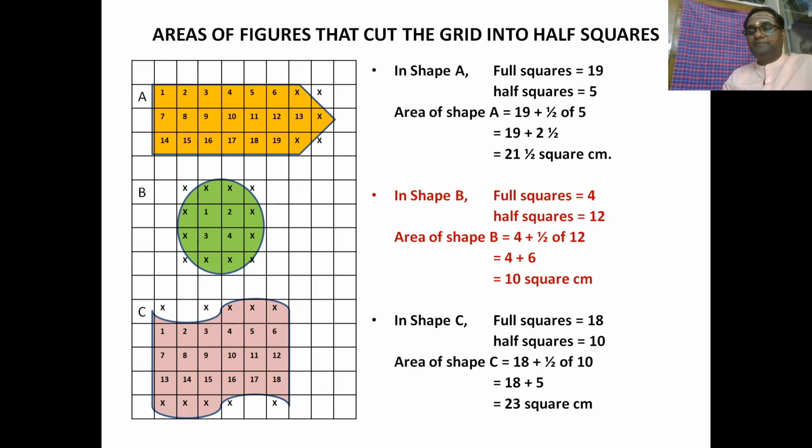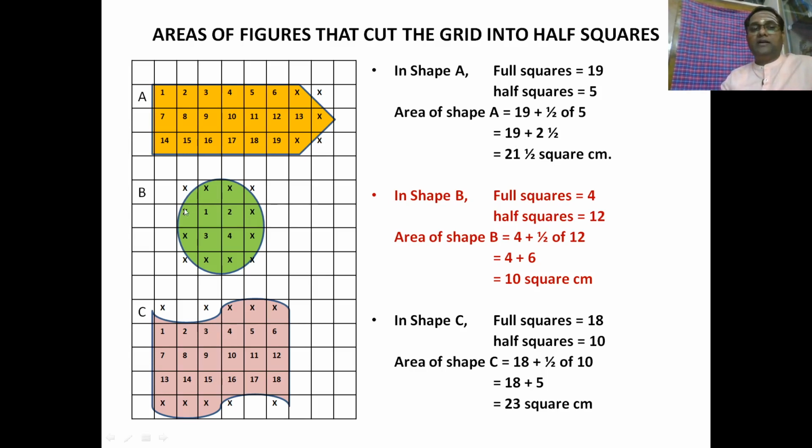Half of 5 is 2.5. If I divide half into two equal parts, I'll be keeping 1 here, 2, 3, 4, and the fifth one is divided into 2. So half and half. So 2.5, 2.5. Half of 5 is 2.5. So 19 plus 2.5 makes 21.5 square centimeter.